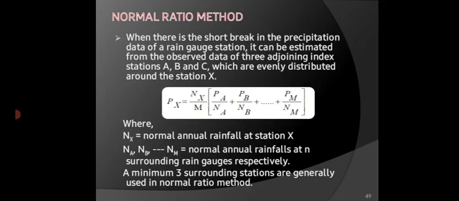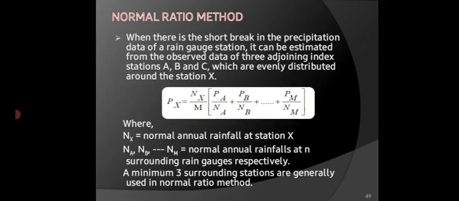So here is the equation: Px = Nx by m into bracket Pa by Na plus Pb by Nb plus Pc by Nc up to Pm by Nm, where Nx is the normal annual rainfall at station X and Na to Nm are the normal annual rainfall at the surrounding rain gauges respectively.